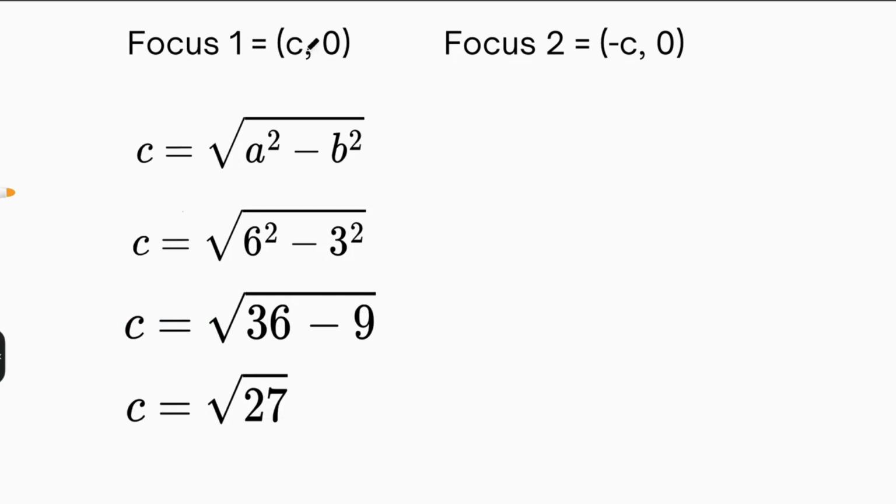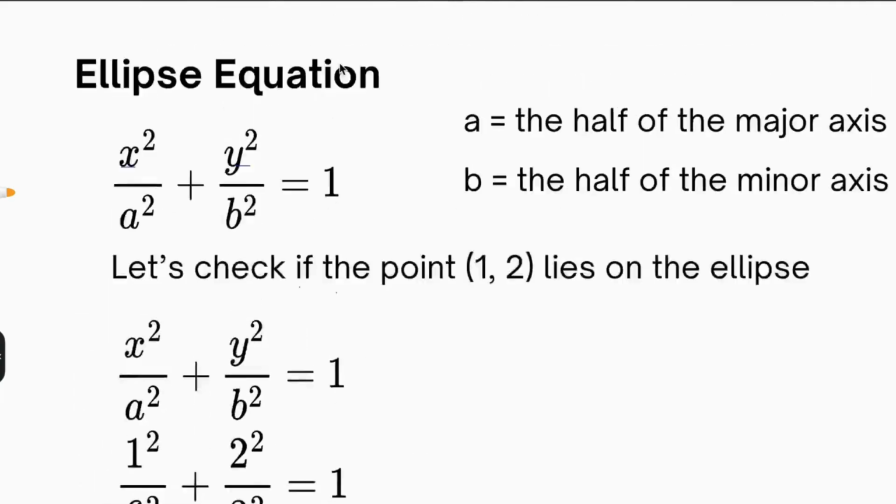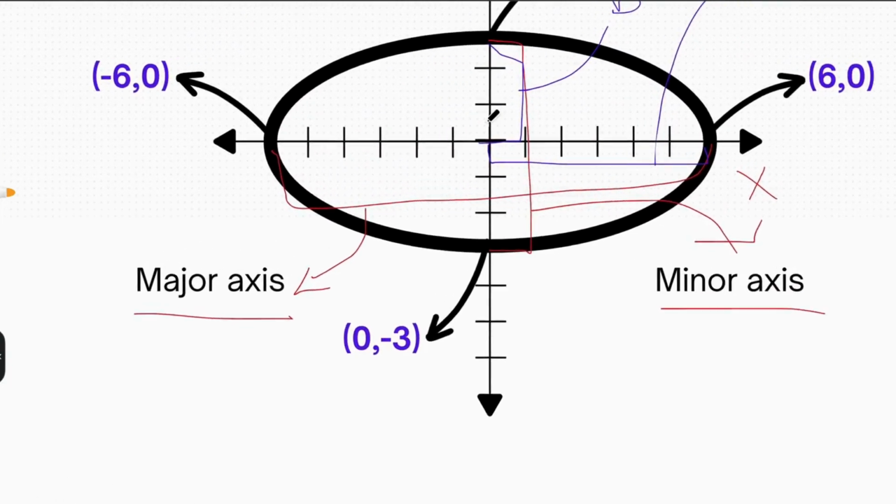Let's mark that out. Focus 1 would be (square root of 27, 0), and here it will be (negative square root of 27, 0). Let's mark it out in our graph here.